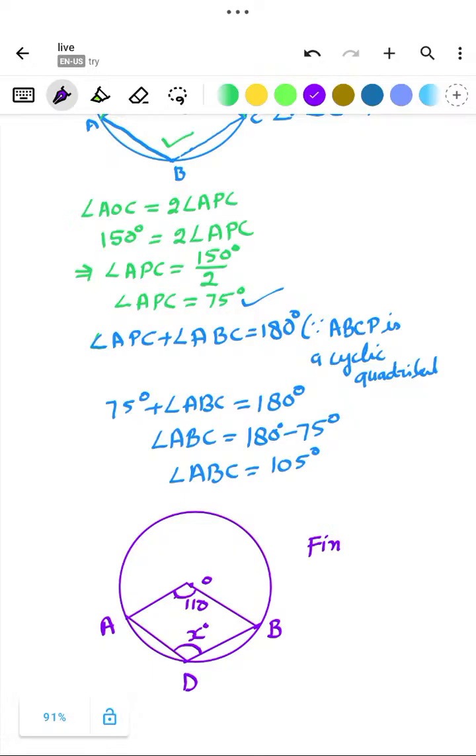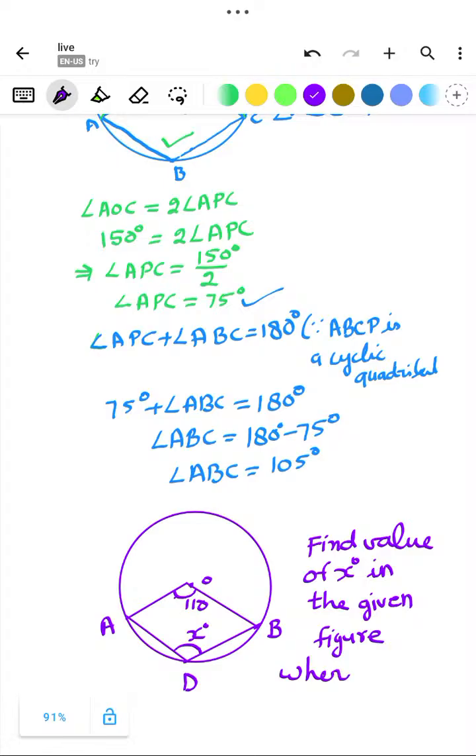Find the value of X in the given figure, where O is the center of the circle, right?